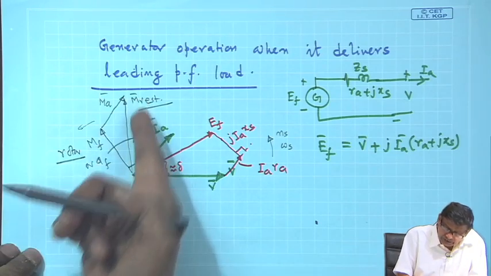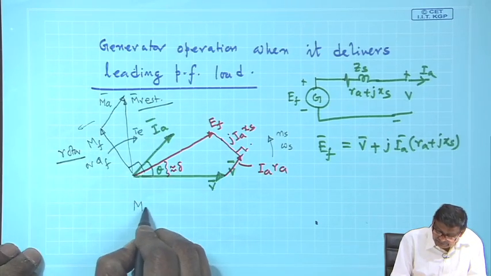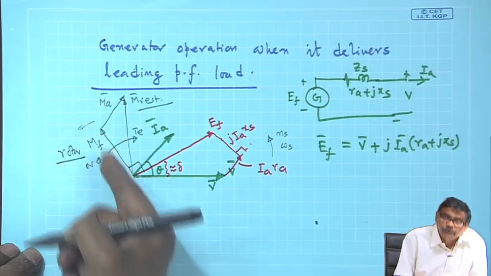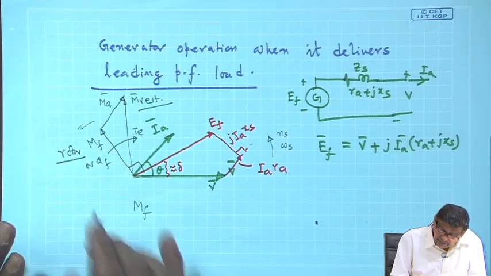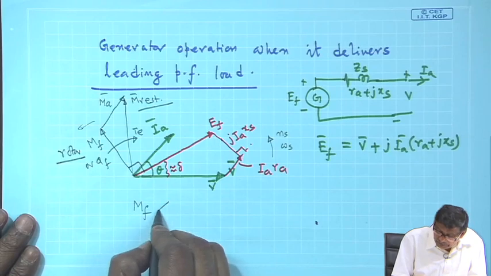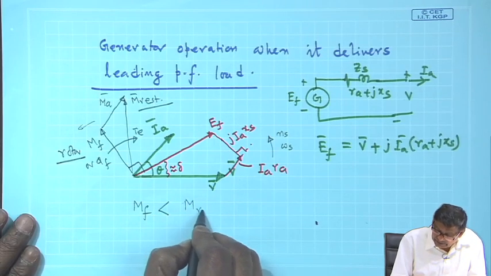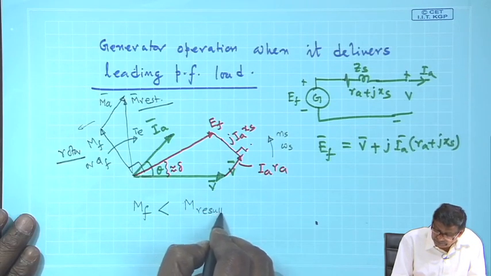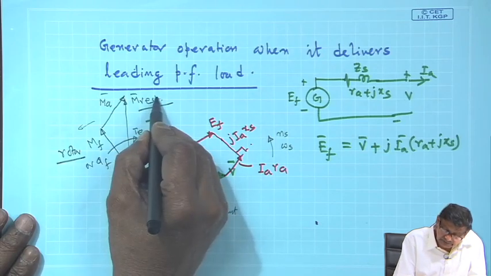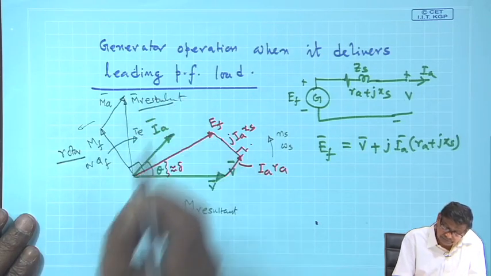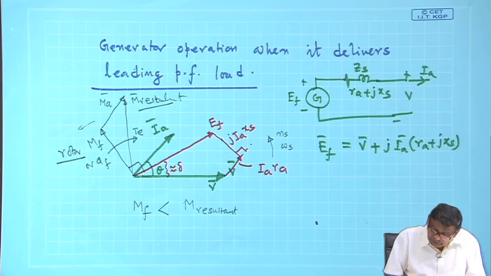But in this case, you note one thing: this M f depends upon field current excitation. The length of M f will be less than M resultant, that is this one, resultant. And then what should I call it?